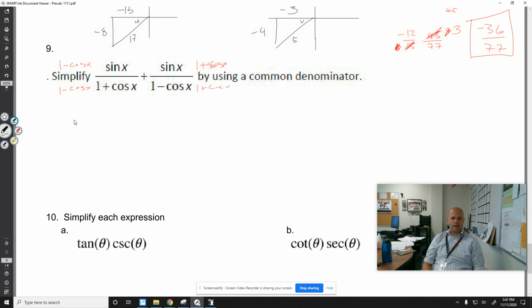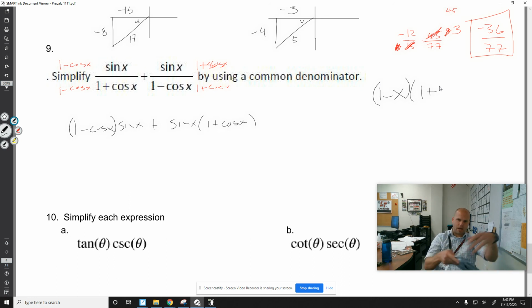Now, when I do that, I get (1 minus cos x) times sine x plus sine x times (1 plus cos x) over. Now, let's think about (1 minus cos x) times (1 plus cos x), because it's going to be the same in both denominators, so we'll be able to add the numerators together and just have the same denominator.